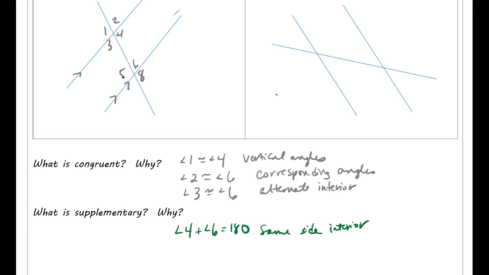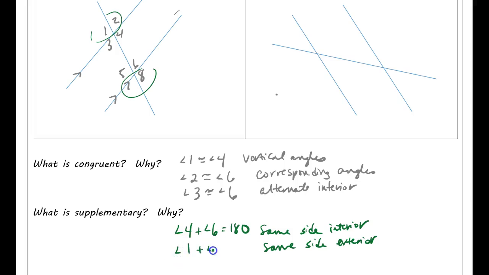And then the other one that we put was same side exterior. Okay, so same side exterior would be like, we go to the outside, so we either choose 1 and 2 or 7 and 8. So somehow those are all on the outside of the parallel lines. We stay on the same side of the picture.